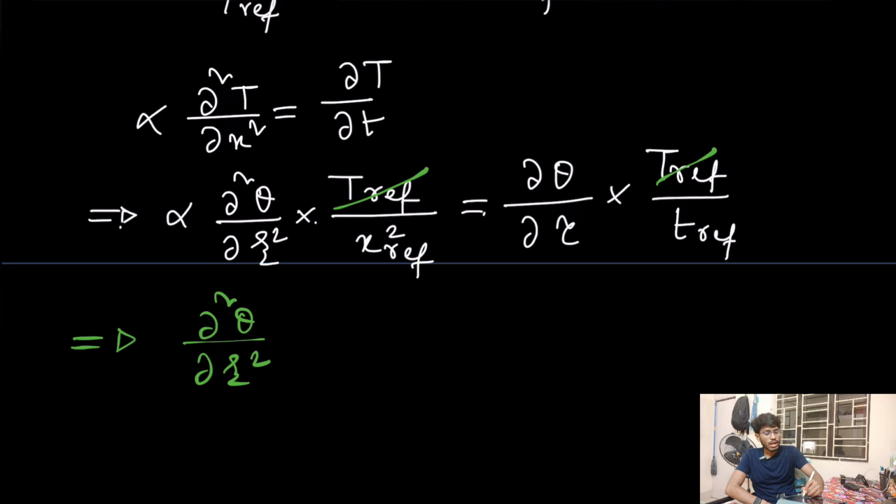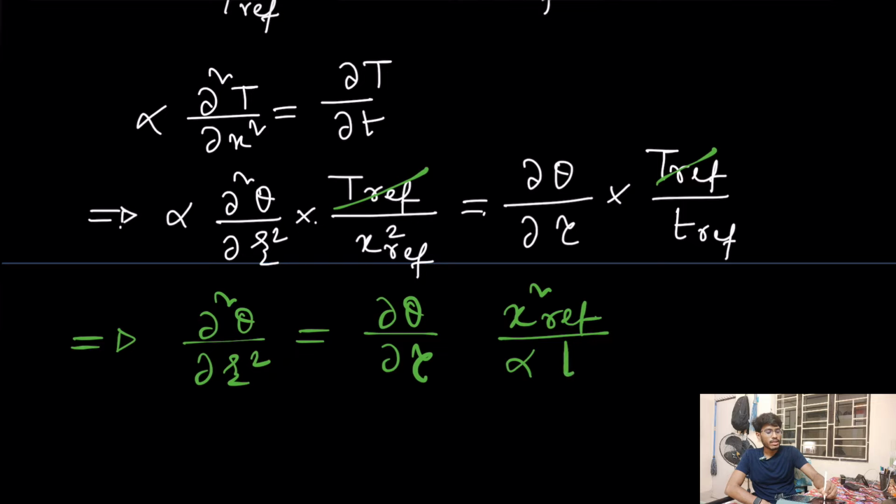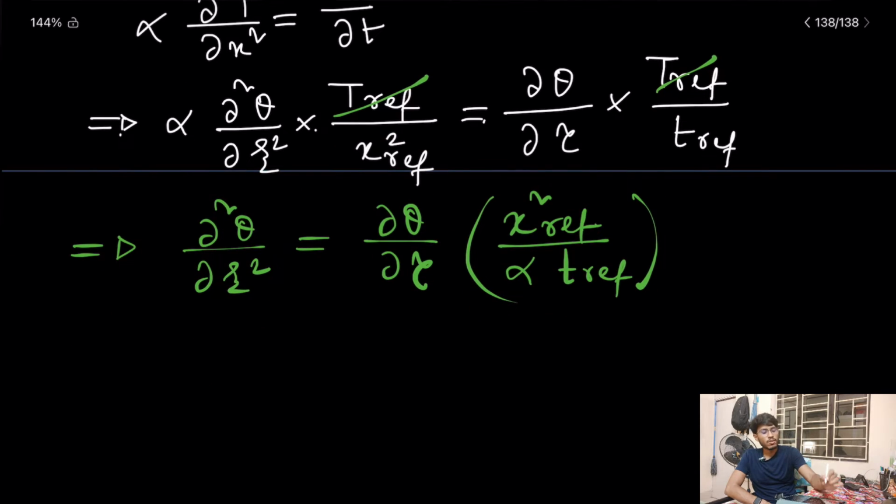So then this will become, okay, alpha, or I can write, okay, so what it will become, x ref square by alpha T ref. So now for the sake of the simplicity of the problem, I will take this as 1.